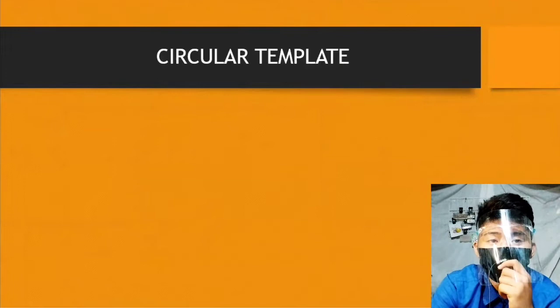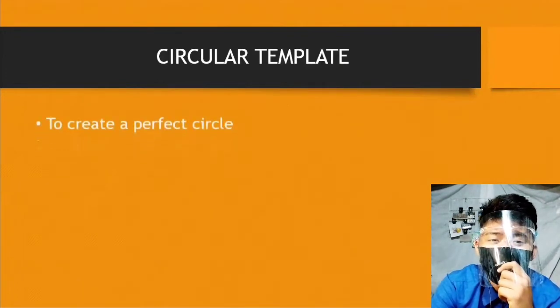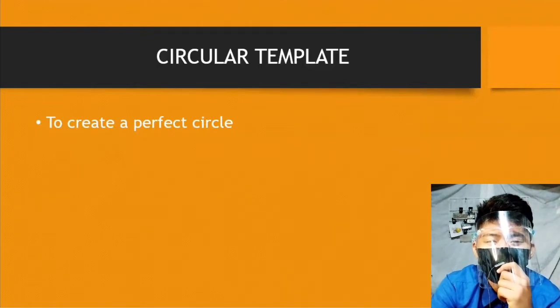And lastly is the circular template. A circular template or circle template is a tool that drafting students or members should have. A circle template is likewise utilized indoors each time you make a floor plan.